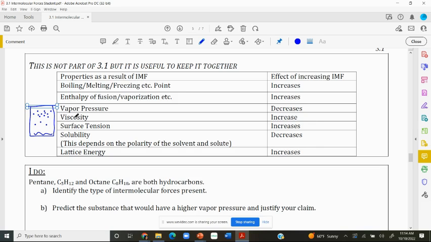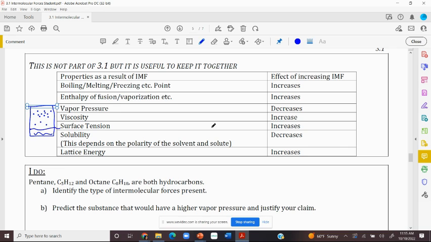Why does heating change the viscosity? You are reducing the IMFs as you heat it. Remember, you will end up with more interference between those IMFs as you increase the heat.